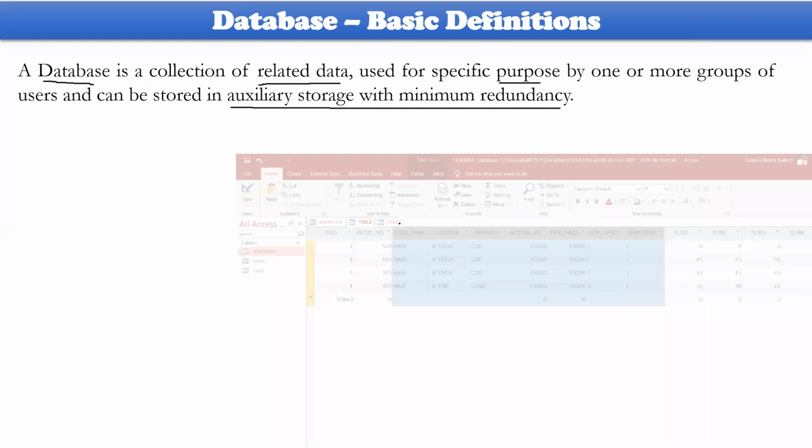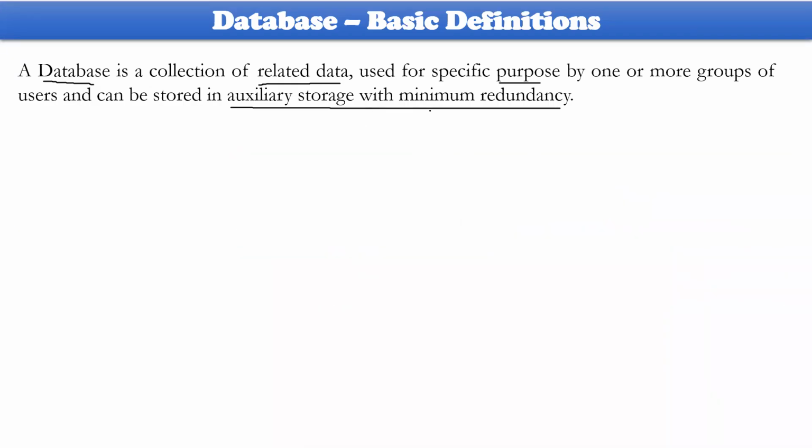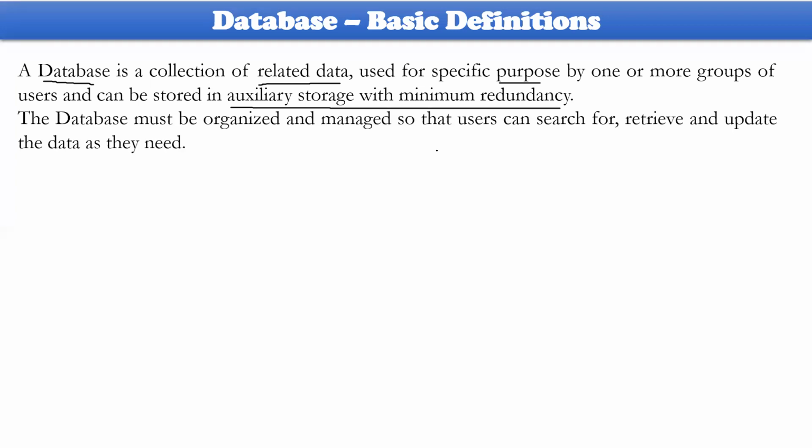Okay? That kind of redundancy and inconsistency should not be there while you are constructing any kind of database. The database must also give proper information regarding searching. It is a very important operation in terms of database searching, data retrieval, data updation and data insertion.